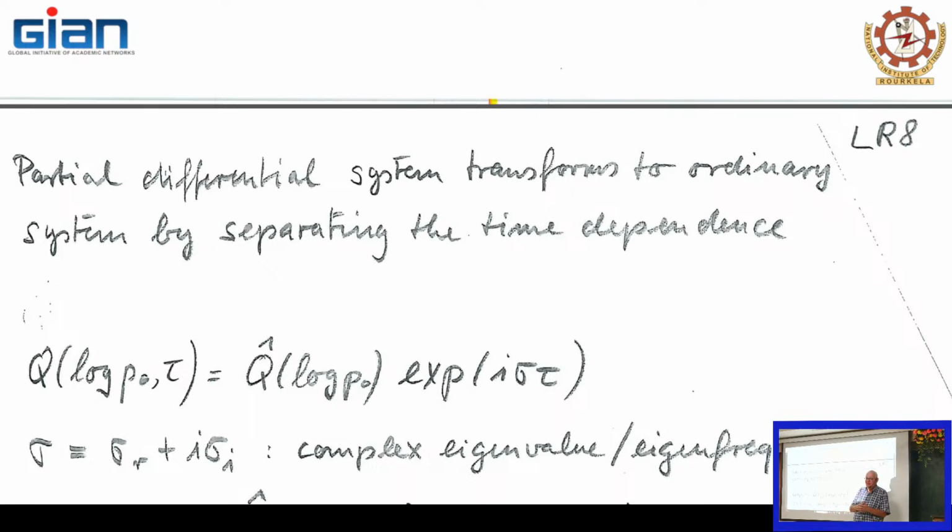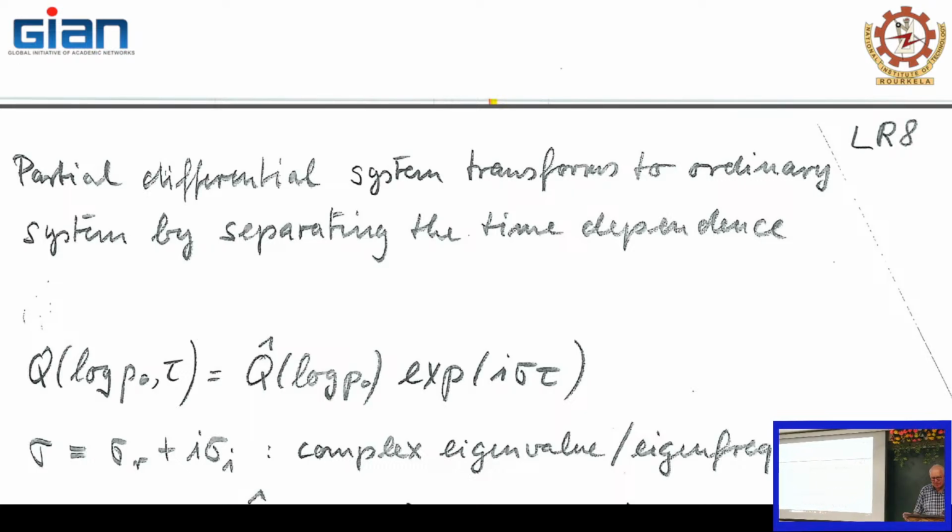It's just a multiplication with the quantity I sigma. The second time derivative will then give a multiplication twice. That gives a multiplication with minus sigma squared. This sigma is a complex quantity. It's called the complex eigenfrequency or the complex eigenvalue of our system. So it may be written in terms of a real part, sigma r plus I sigma I.